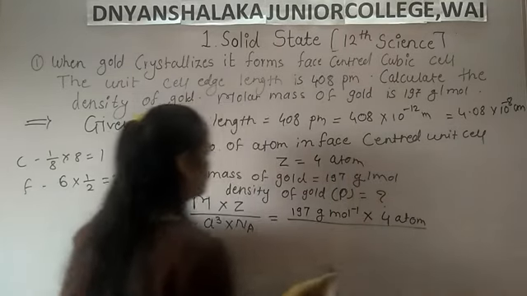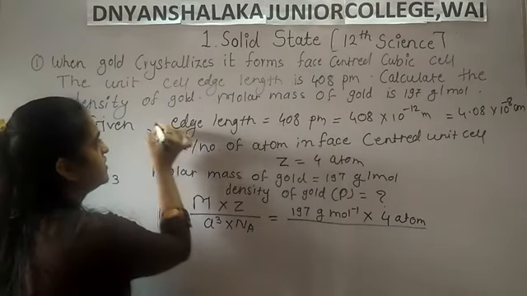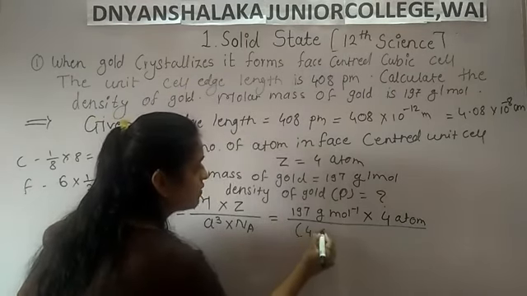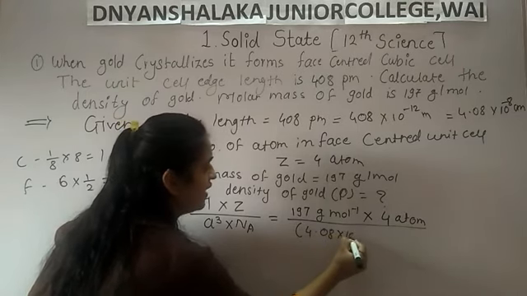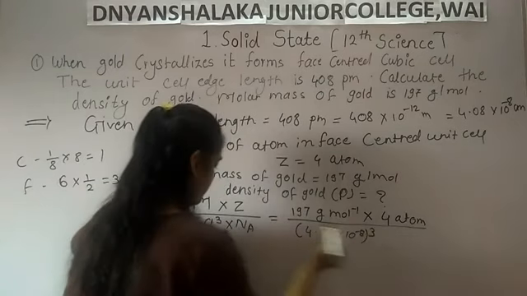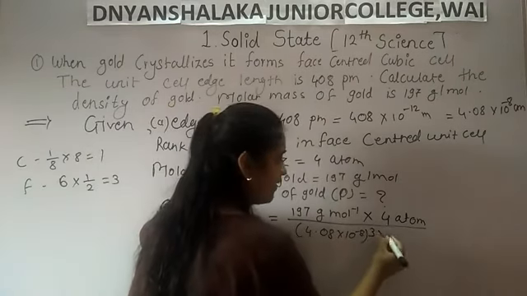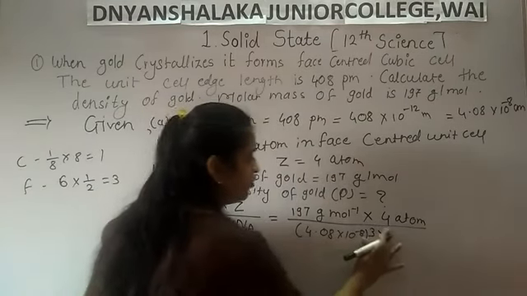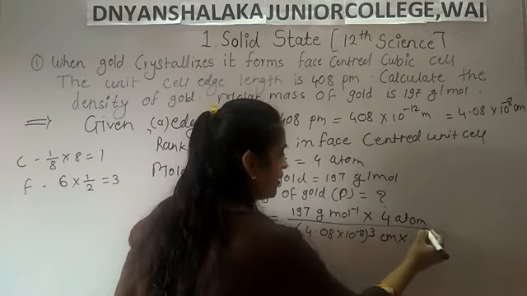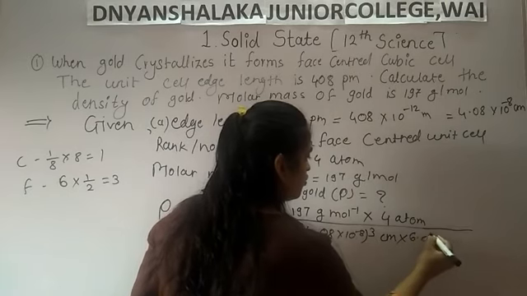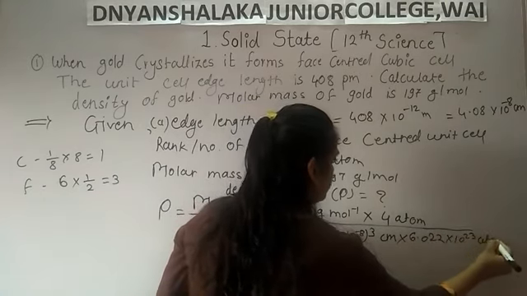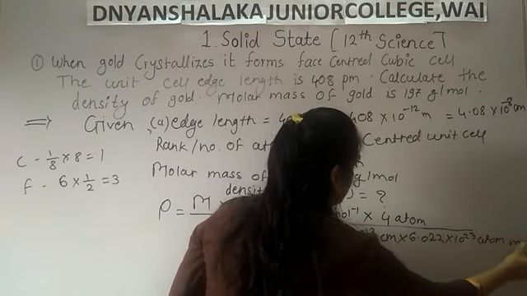Next, a cube: edge length a is equal to 4.08 into 10 raised to minus 8, whole bracket cube. A cube means whole bracket cube, into Avogadro number. The unit of a is centimeter. Avogadro number is 6.022 into 10 raised to 23 atoms per mole.